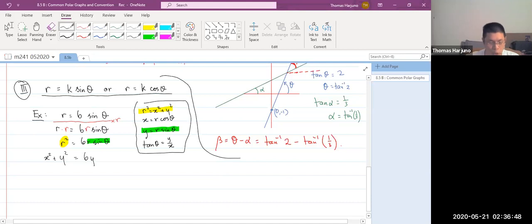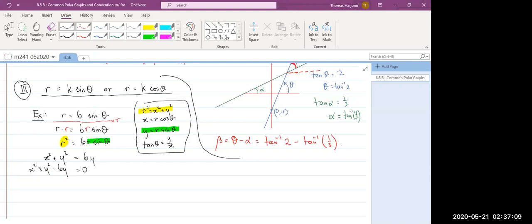What is the graph though? Then going back to your skill in intermediate algebra, we set one side equal to 0 and then do completing the square. Do you remember completing the square? Okay, I will complete the square for this.